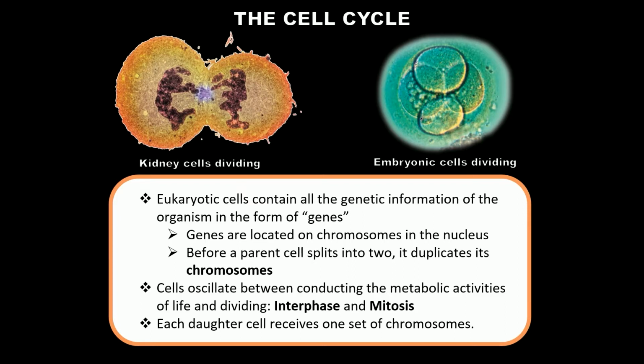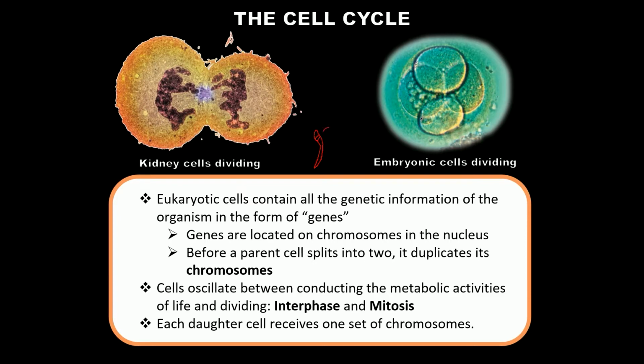In eukaryotic cells, all of the genetic information for the organism is contained in the DNA, in the chromatin, in what are called genes. Genes are just sections of the DNA, sections of the chromosomes, which code for one particular protein, and of course proteins do all of the work inside of your cells, so if you have a complete set of the genetic instructions for making all of the different proteins, you have a complete set of the instructions for putting together the organism.